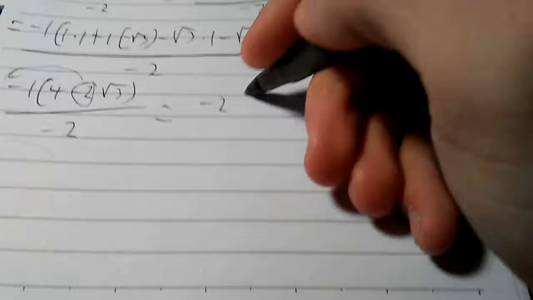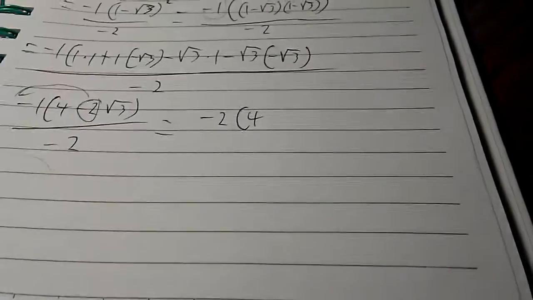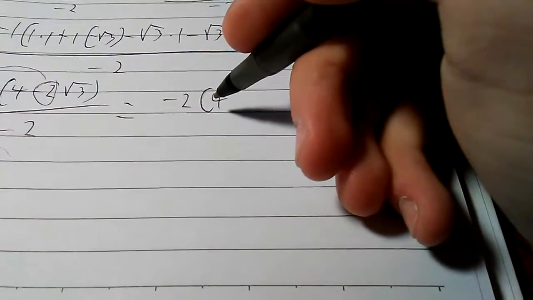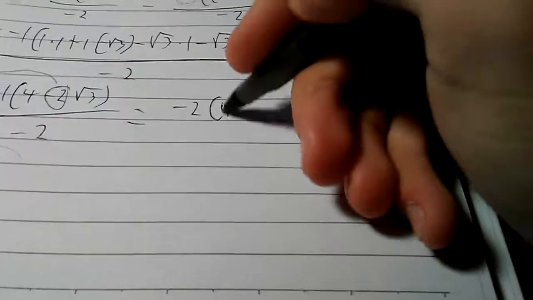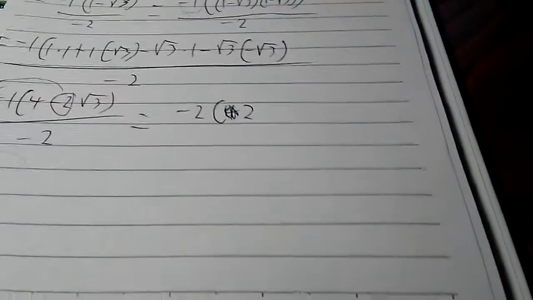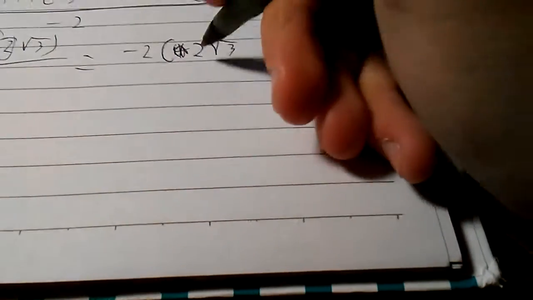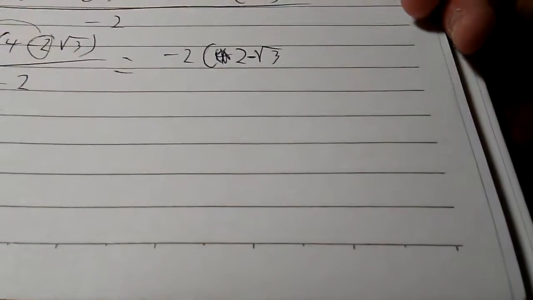So then it becomes negative 2 times 4... Oh, wait, now. What have we done here? Oh, this isn't 4, this is a 2 now. Yes, negative 2 times 2 minus the square root of 3.